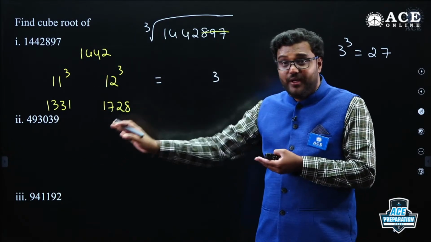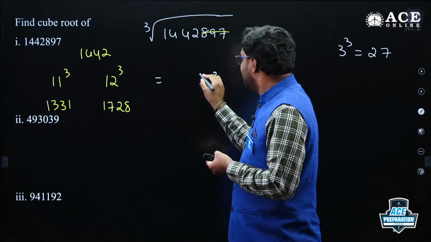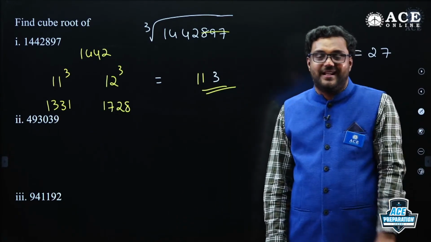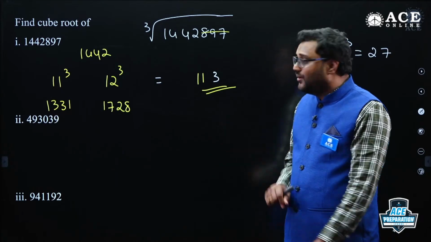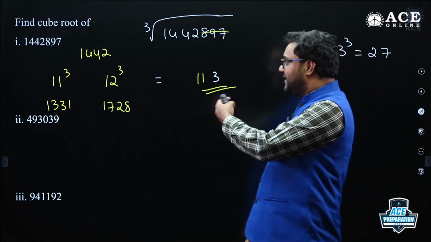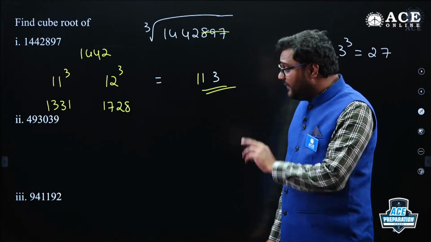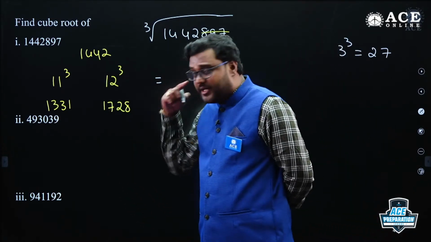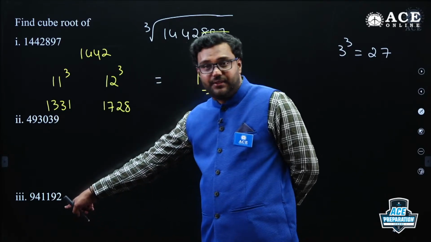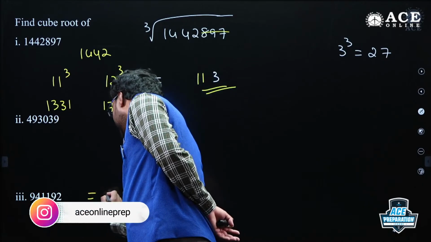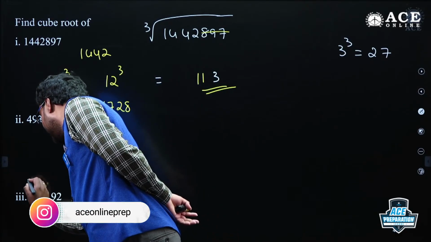We should always take the lower one, 11. So the answer is 113. In square root, at least you should decide among two which is the correct one. Here, no second thought, directly we will get it. We can say 113. Now see the third one. Keep in mind, it is ending with 2. Which cube ends with 2? 8 cube ends with 2. This is the cube root we have to calculate for this.